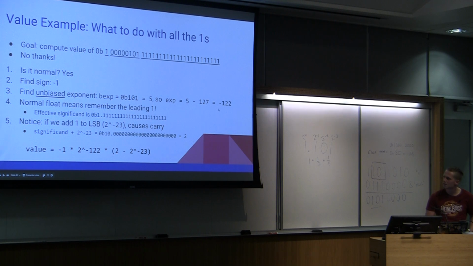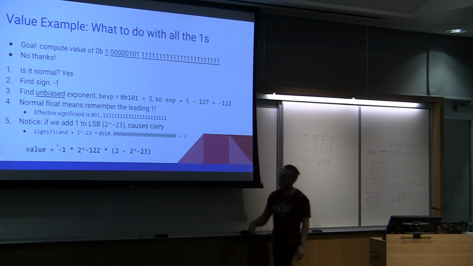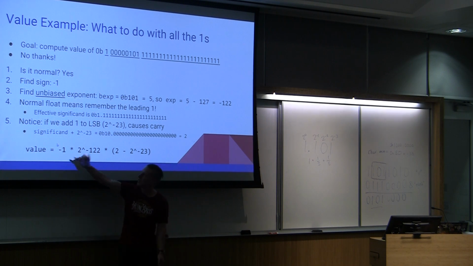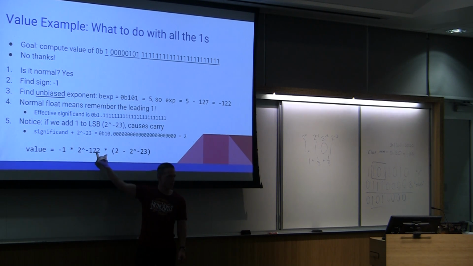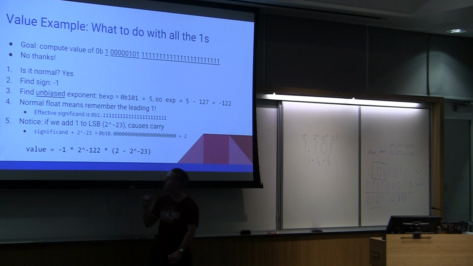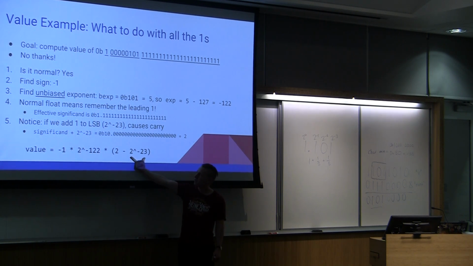And then I multiply by my sign, which is negative 1. So my final value expression here is negative 1 for the sign bit, 2 to my real exponent after I account for the bias, and then the significand is just one term, 2 minus 2 to the negative 23rd, which was an easy number for me to write.